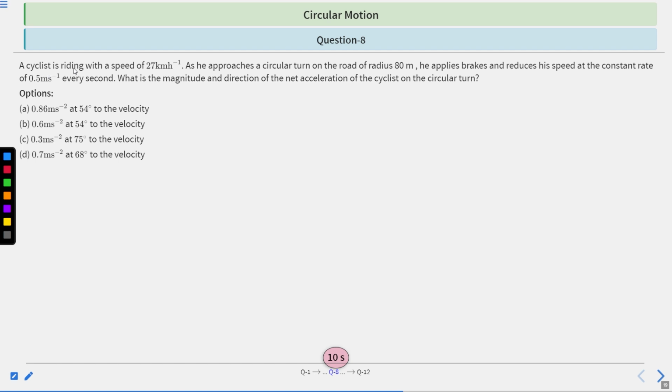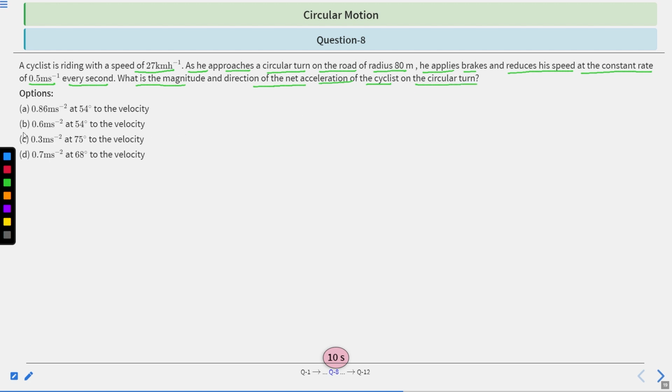A cyclist is riding with a speed of 27 km per hour as he approaches a circular turn on the road of radius 80 meters. He applies brakes and reduces his speed at the constant rate of 0.5 meter per second every second. What is the magnitude and direction of the net acceleration of the cyclist on the circular turn?